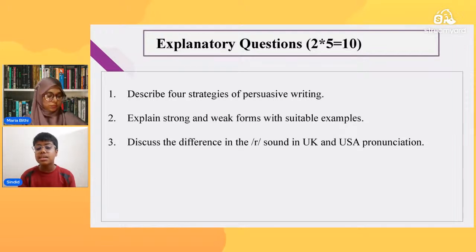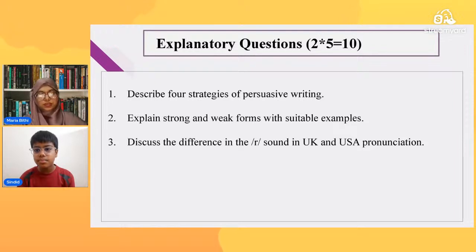Also, he runs very fast. And weak forms are basically an article or a question word, such as, is he a fast runner? Also, is it a hat? It has an article, a, so that's why it's a weak form. That's all, miss.